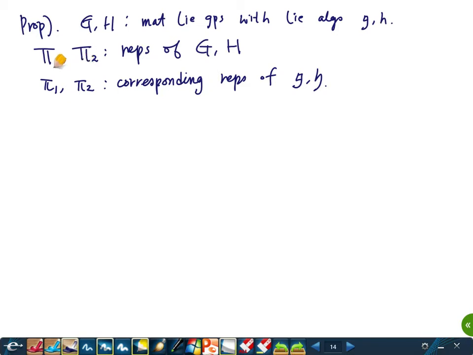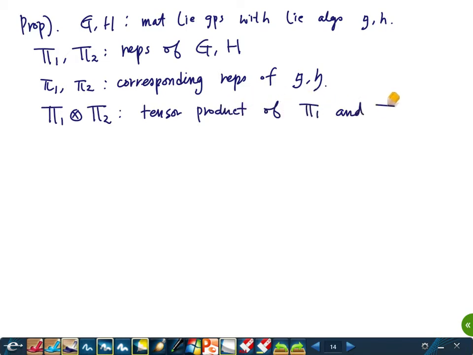And we have already defined the tensor product of representations of Lie groups. So we have this, the tensor product of pi 1 and pi 2. This is given. The question is, this will induce a representation of the Lie algebra, right?